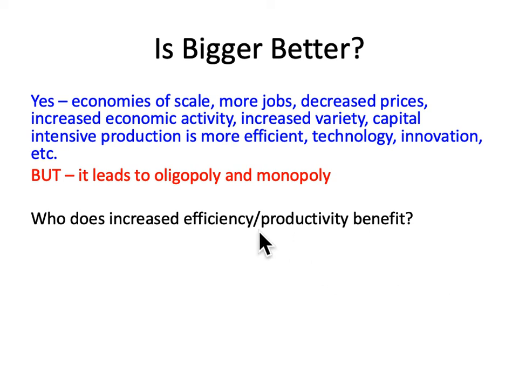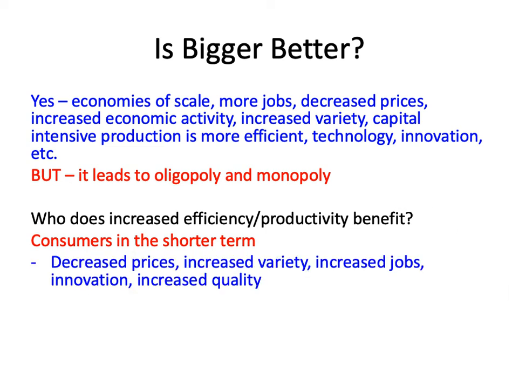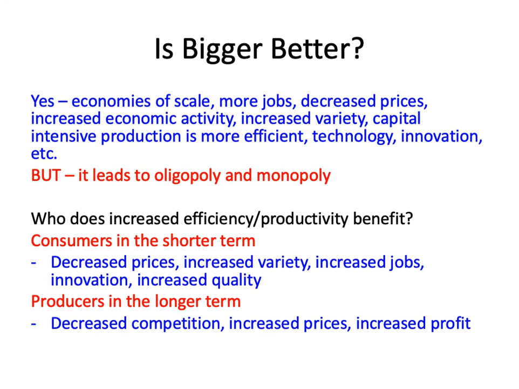So increased productivity and efficiency benefits consumers in the shorter term because of economies of scale, because of lower prices, right? But ultimately, eventually, if larger firms become more productive and more efficient and become oligopoly and monopoly, competition will go down, prices will go up, profits will go up.